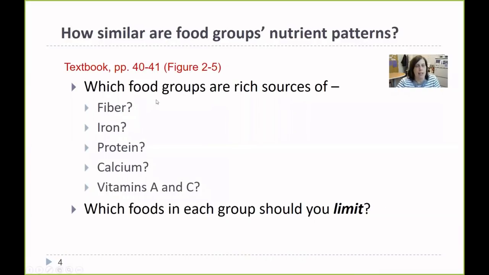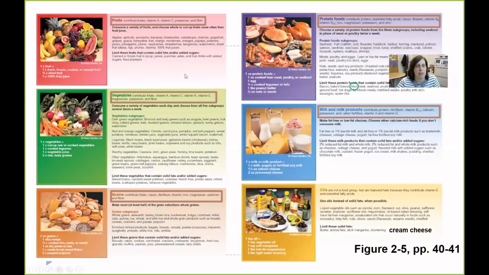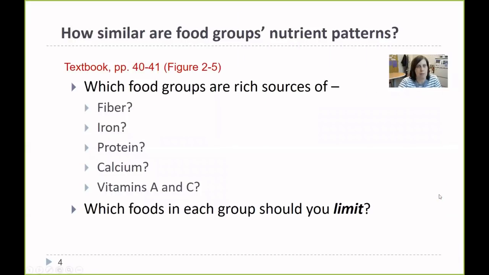So how do you know the answers to this? Go back to figure 2-5 in your textbook, and it will show you all the nutrients that are rich within those food groups, and you can see where they overlap. Make sure that you're familiar with how to answer this slide, and if you have questions, don't hesitate to reach out to me or the TAs.